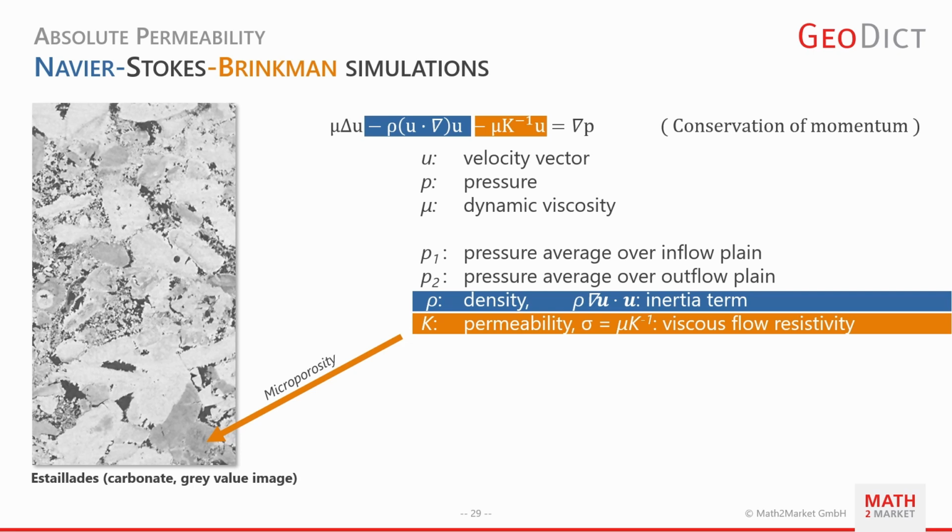In this example, I would like to show how the fluid flow is computed, including the effects of microporosity in the Stellaris carbonate rock. As you can already see in the gray value images on the left side, the Stellaris rock has a lot of microporosity which should not be neglected in the computation of the fluid flow field.